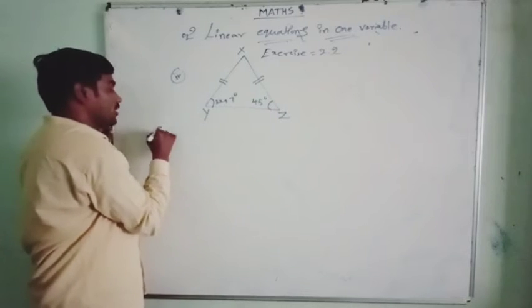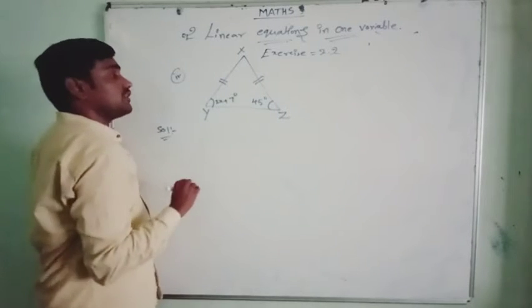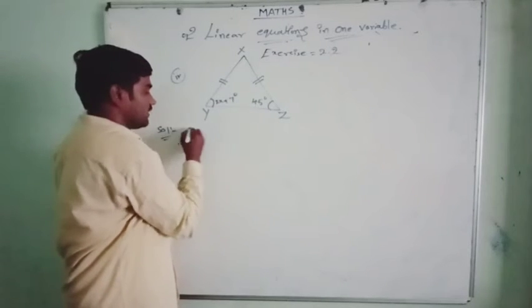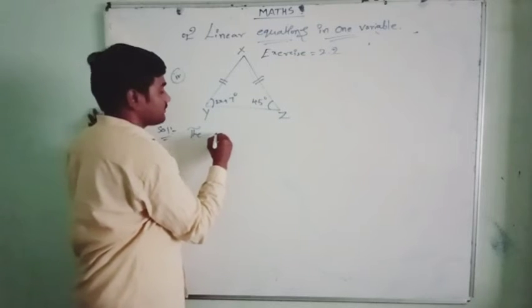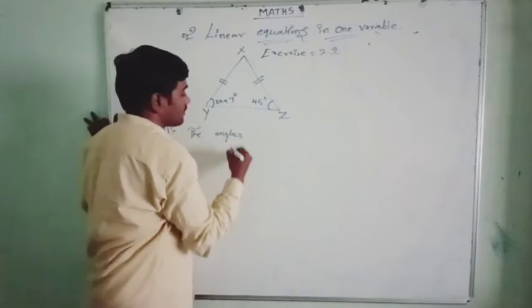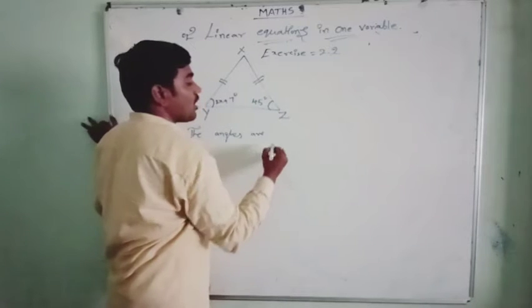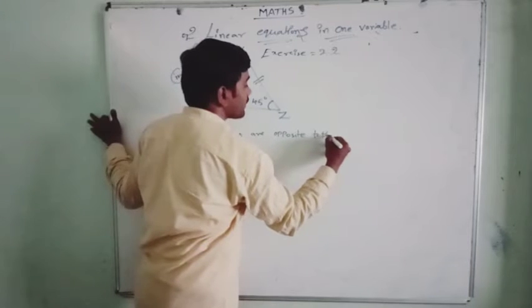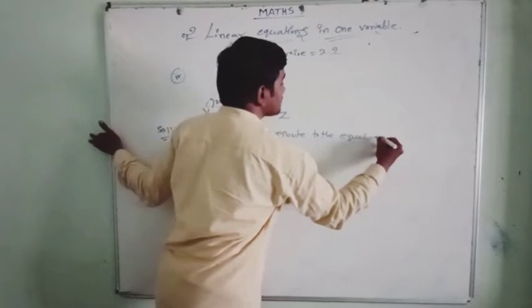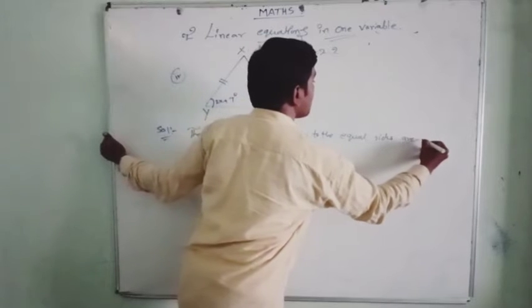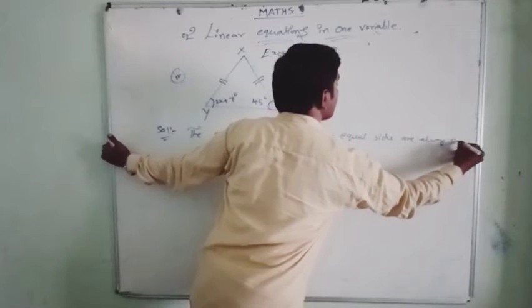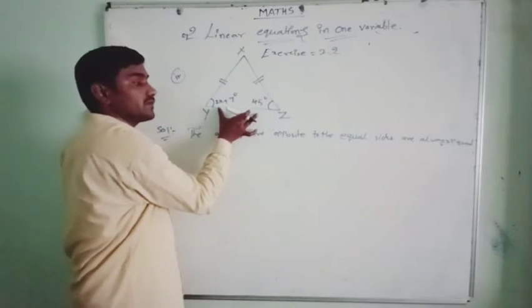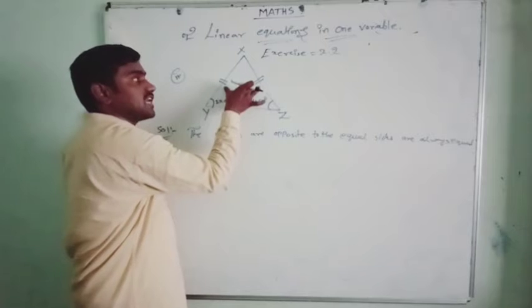This is one more important property in the triangle. The angles opposite to the equal sides are always equal.